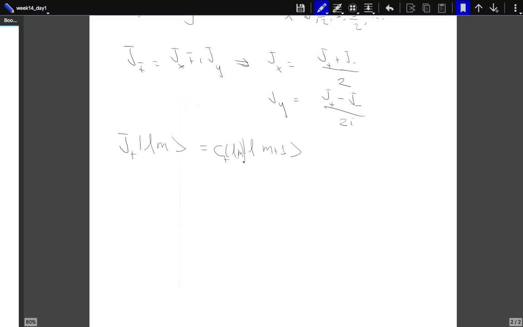Similarly, J minus acting on |L m> gives us |L, m minus 1> with some coefficient. And these coefficients are nothing but the matrix elements of J plus and J minus. Those are the things we need to determine now.